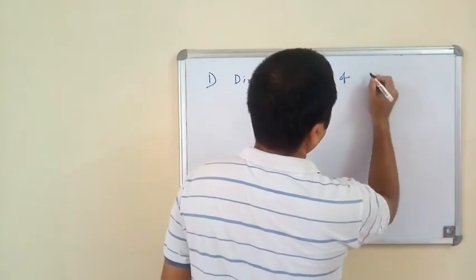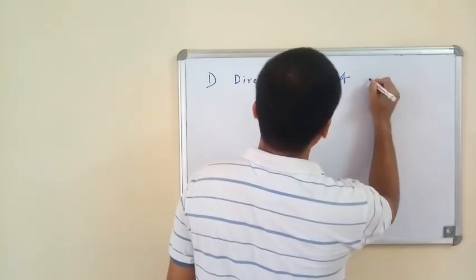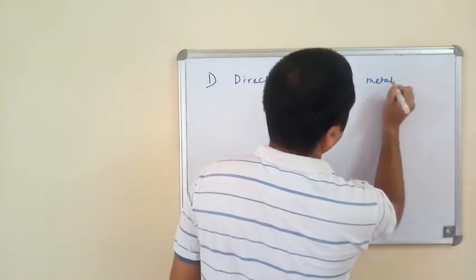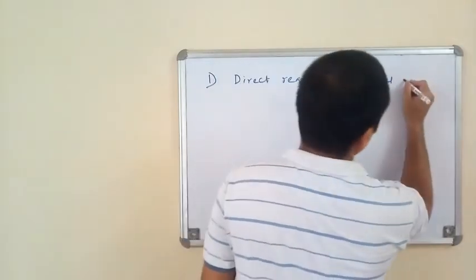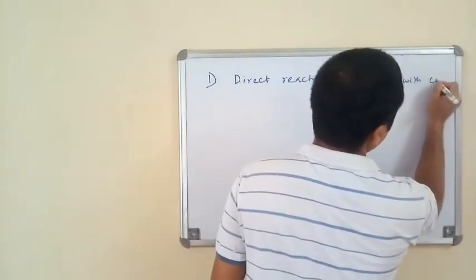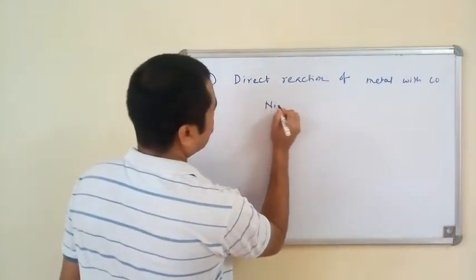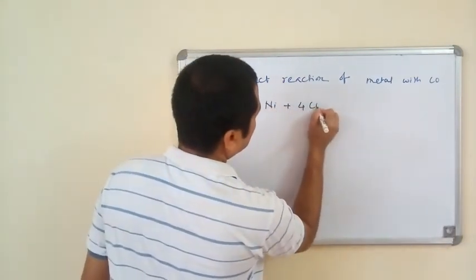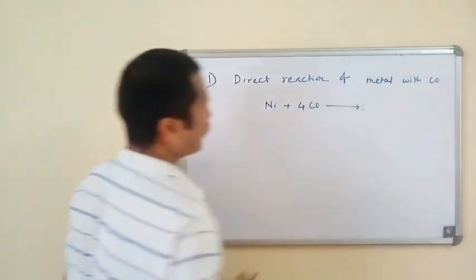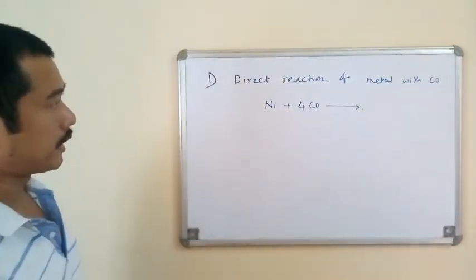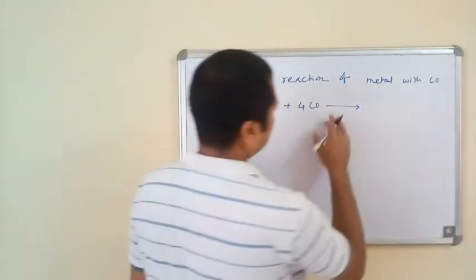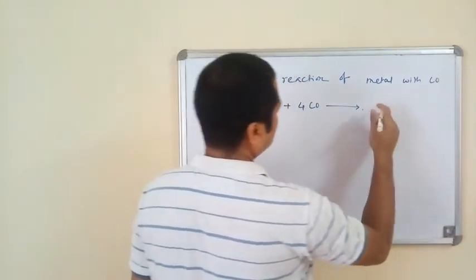There are two important examples of metal carbonyl complexes which are prepared by this direct reaction of finely divided metallic powder with carbon monoxide.